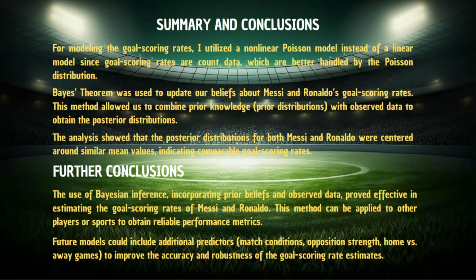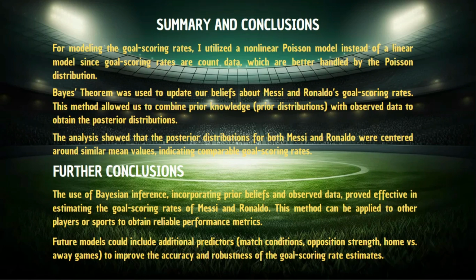So to wrap this up, by choosing a Poisson model for goal scoring rates, I effectively addressed the nature of count data, and this choice provided more accurate and meaningful estimates than a linear model, given the discrete nature of the goals scored in soccer matches.